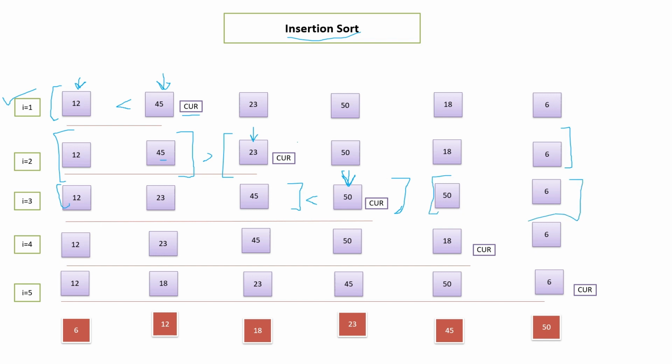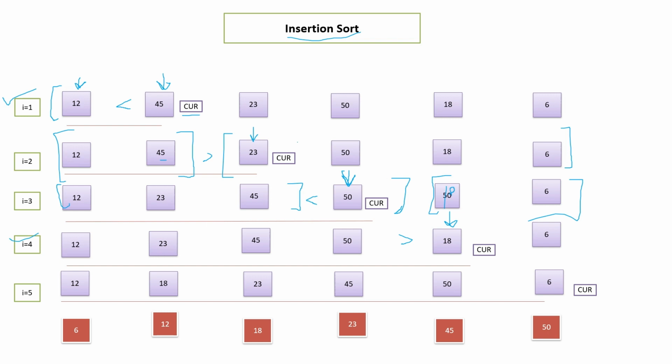So it is 18, 1. In our i equals 4, our current variable is at the fourth index of the array, and here we find that the current element is smaller than the previous one, so we need to swap these values.